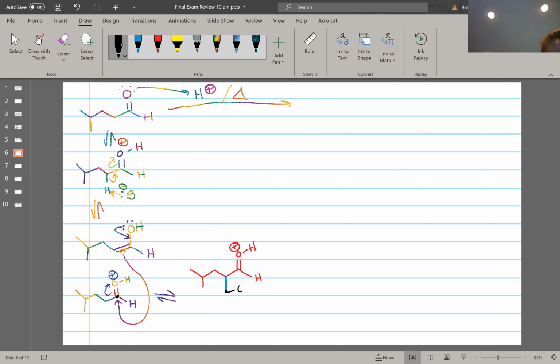That's going to have an OH group, a hydrogen, and it's going to have this whole carbon chain coming off of it. So that's 1, 2, 3, 4, 5. 1, 2, 3, 4, 5. Right. So that's our intermediate so far. This is the aldol addition product, or at least it will be once we deprotonate.